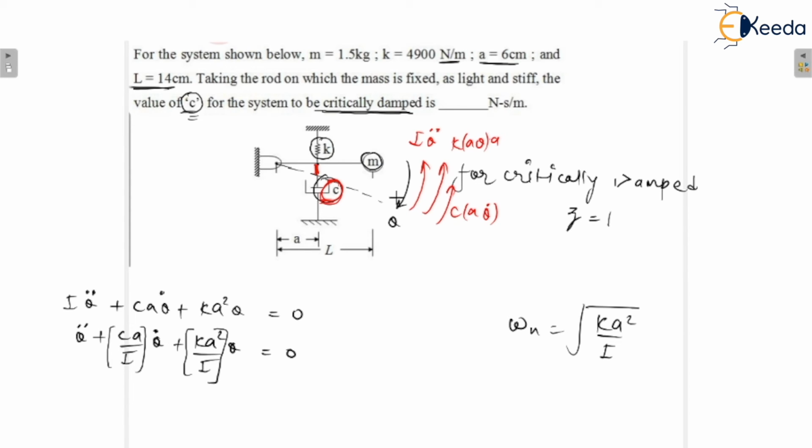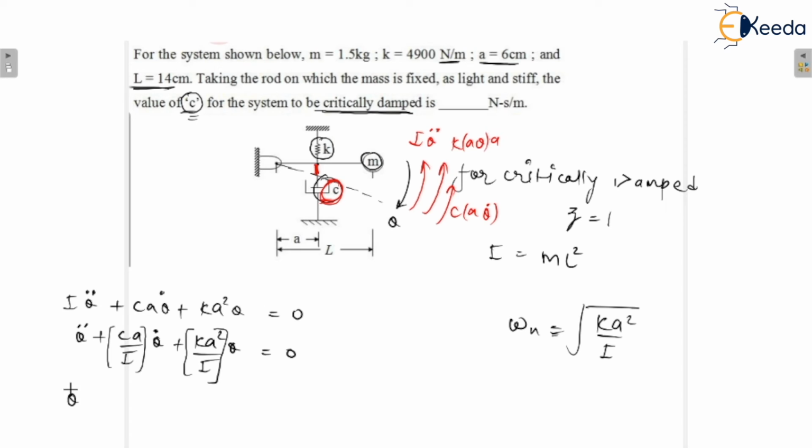So only the moment of inertia of the small m mass is going to be considered. So I is equal to m L square, where L is the total length. We will put the values at the end, but we just have to write down the general equations. From here we can get the value of omega n.